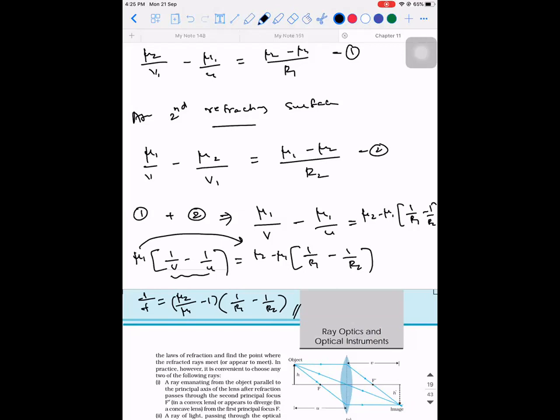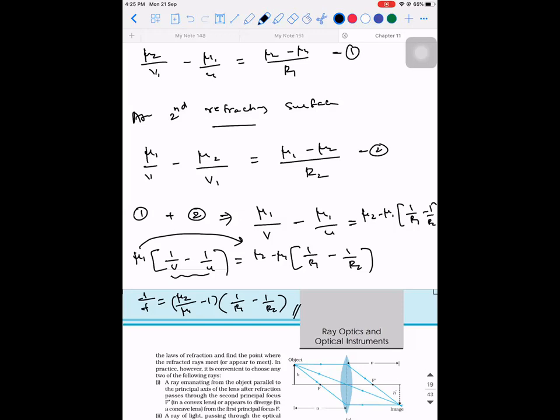Refractive index of whom? Where mu2 is the refractive index of the lens medium. No, it's not denser. Of the lens medium, not denser. Don't remember it like that. Mu2 is the refractive index of the lens medium. Mu1 is the refractive index of the outside medium.